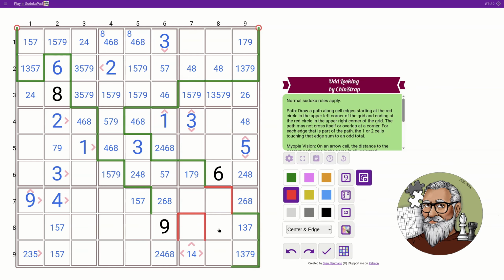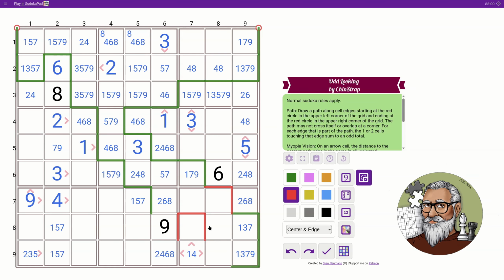Odd, odd. 1, 2, 3, 4, 5. This would be even. No, hold on. Yeah, this would be even. Well, that doesn't work, does it? Does it?